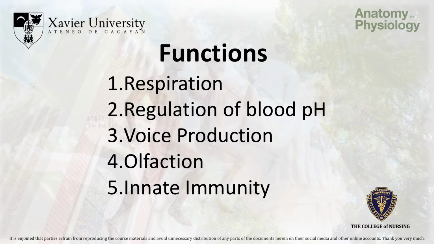Next, we have olfaction. The sensation of smell occurs when airborne molecules are drawn into the nasal cavity. And lastly, innate immunity. The respiratory system protects against some microorganisms and other pathogens, such as viruses, by preventing them from entering the body and by removing them from respiratory surfaces.